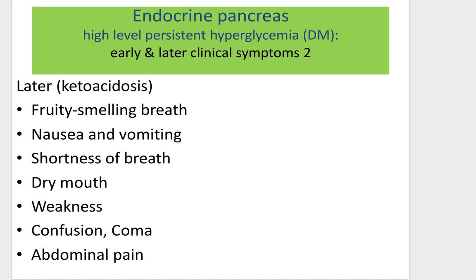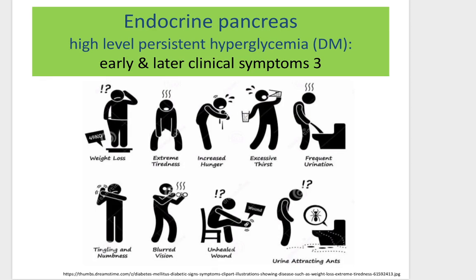It can be fruity-smelling breath, nausea, vomiting, shortness of breath, dry mouth, weakness, confusion, coma, or abdominal pain. And you see here schemes of early and later clinical symptoms in some funny pictures. It is weight loss, extreme tiredness, increased hunger, excessive thirst, frequent urination, tingling and numbness, blurred vision, unhealed wounds, and urine attracting ants.